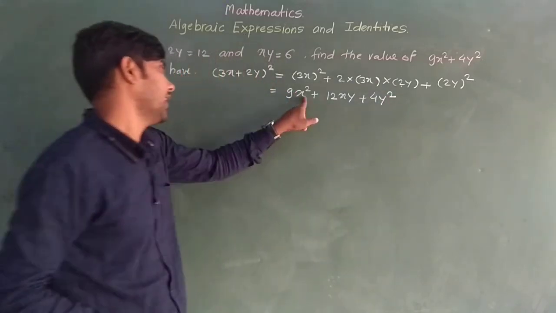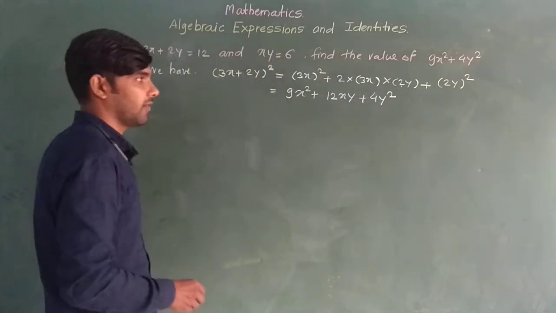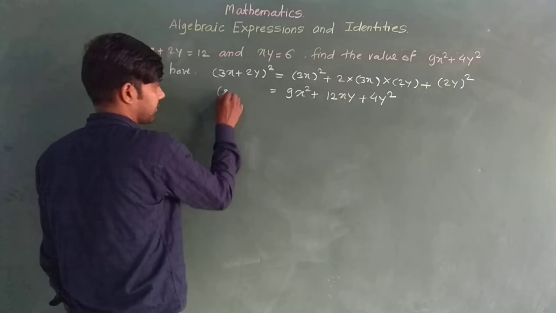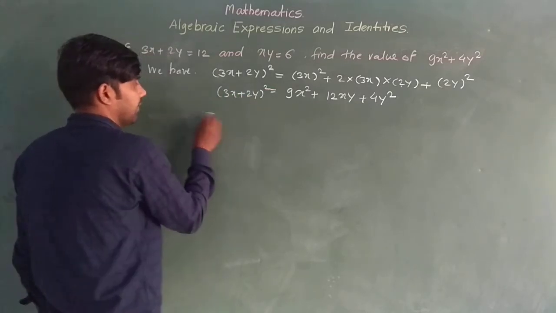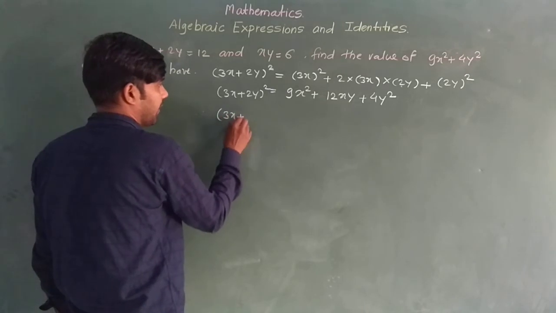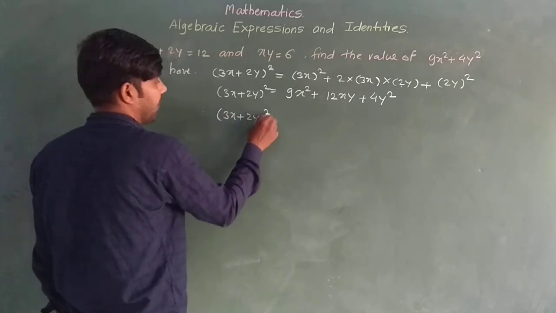So 9x square plus 12xy plus 4y square is (3x plus 2y) bracket square. Therefore (3x plus 2y) bracket square.